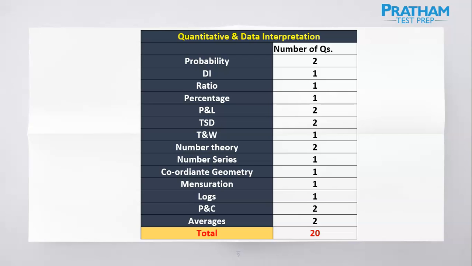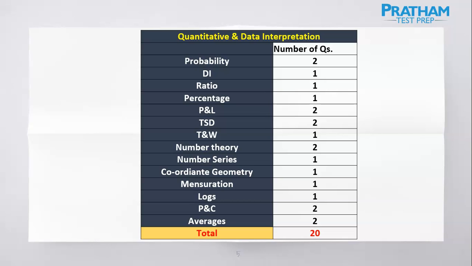It had all the topics they talked about, whether it is profit and loss, time, speed, distance, time and work, logs, permutation, combination, and even averages. 15 questions. It was easy to solve for most of the students here.